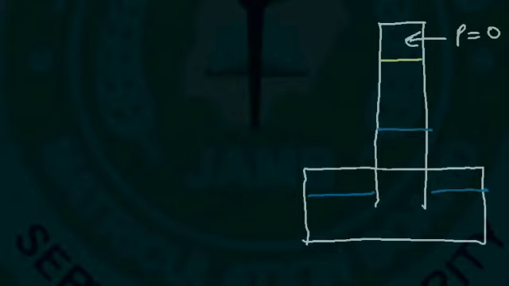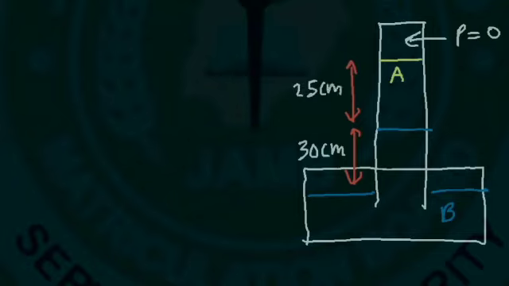So let's call this fluid A and fluid B. And the height of fluid B, let's say it's 30 centimeters. And the height of fluid A, let's say it's 25 centimeters.